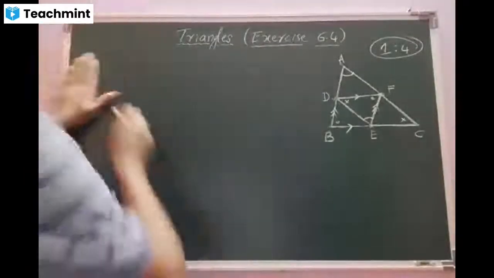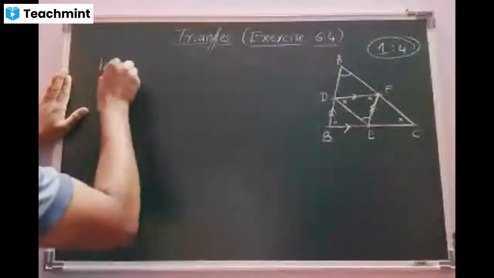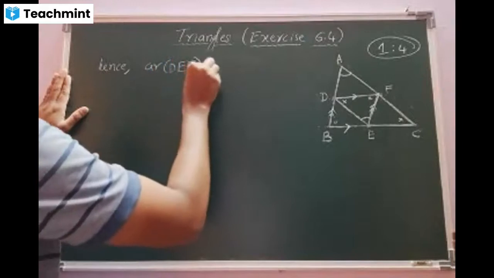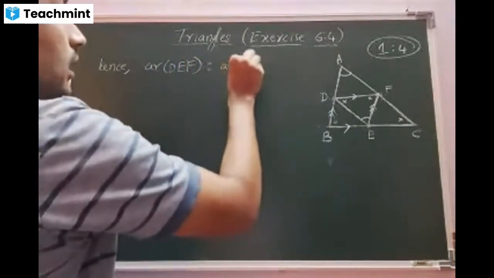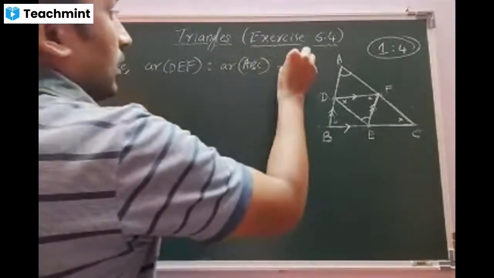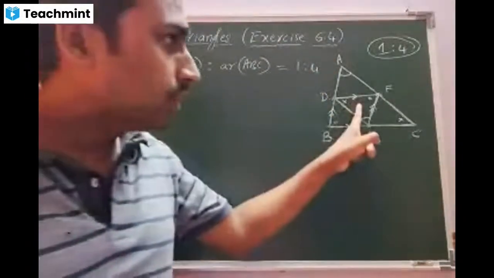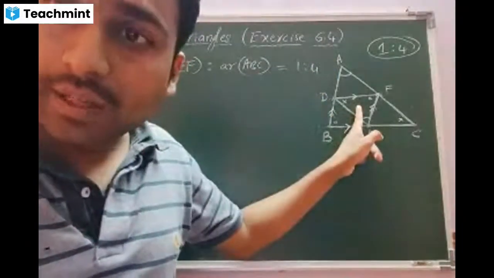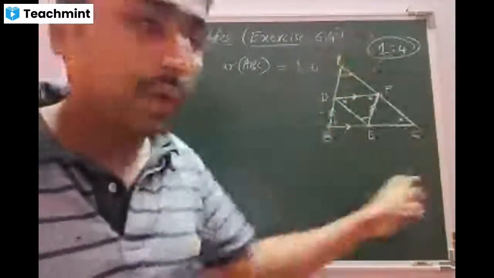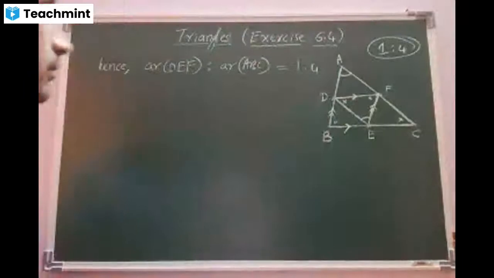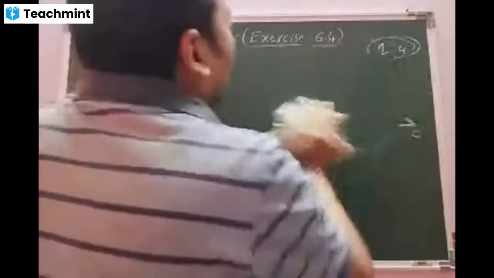Hence, the required ratio, area of DEF is to area ABC is equal to 1 is to 4. What does it mean? If the area of this is 5 meter square, it will be 20 meter square, 4 times of the 5. Clear?